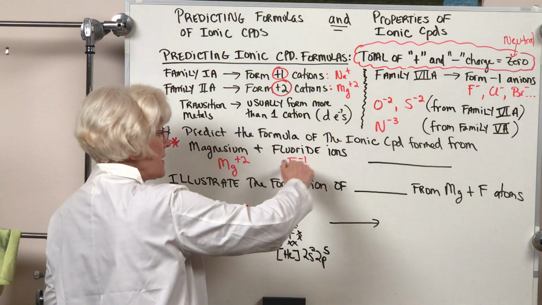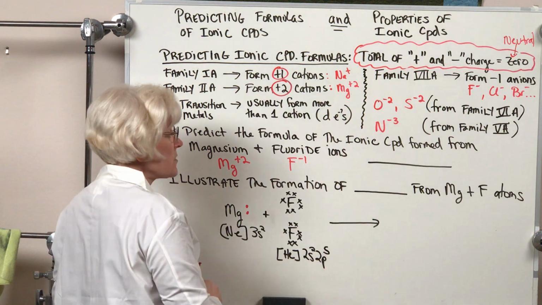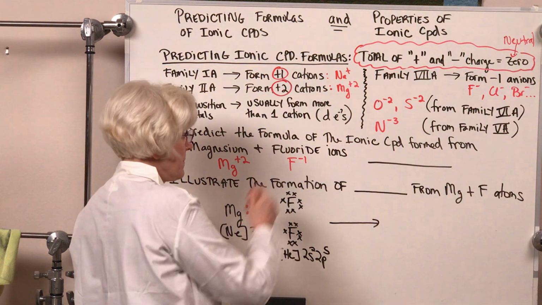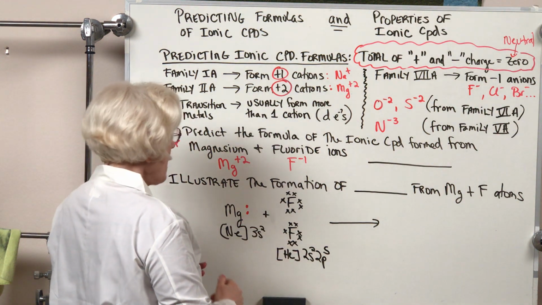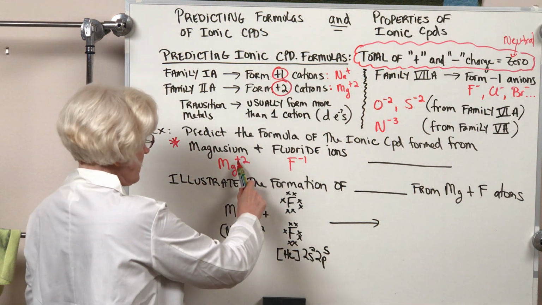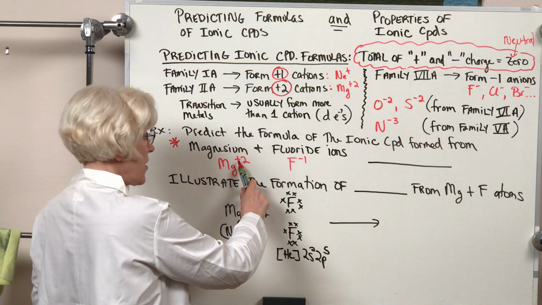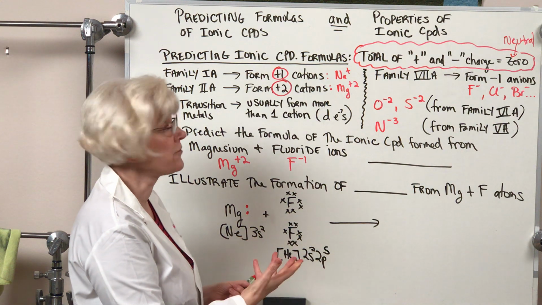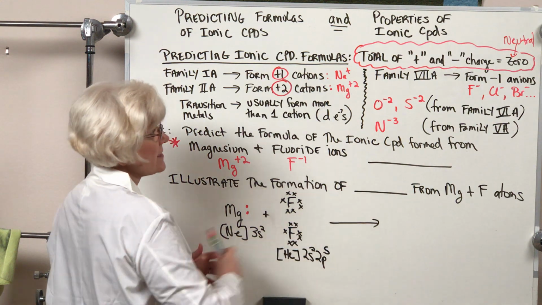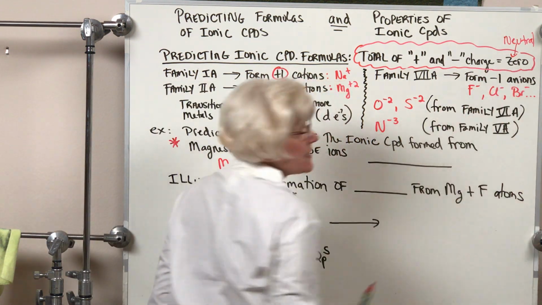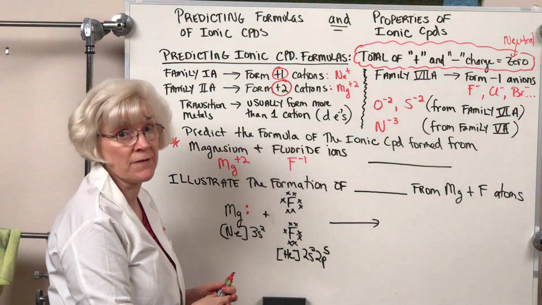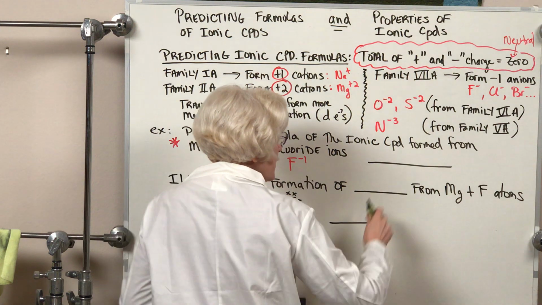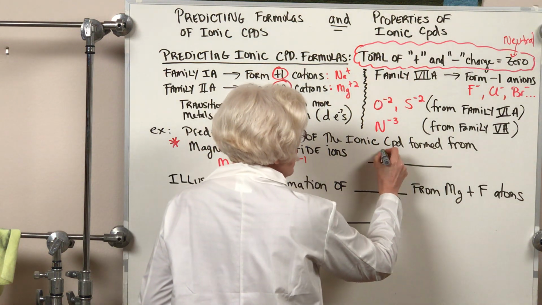Fluorine, a halogen, when it reacts, gains 1 electron and now is called fluoride and has a -1 charge. But I can see here that if I take the +2 charge on magnesium and add it to the -1 charge on fluoride, those charges are not going to add up to 0. I'm not going to have a neutral compound. So what am I going to do when I write the formula?